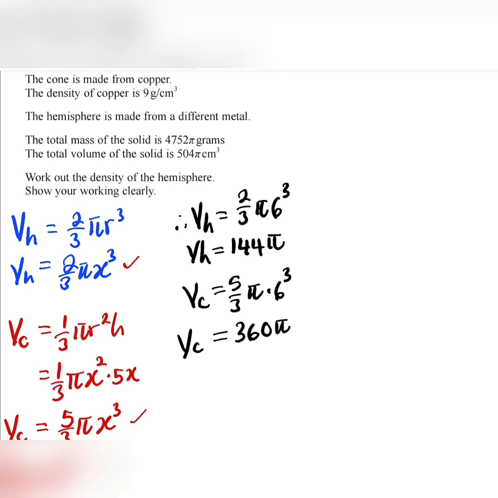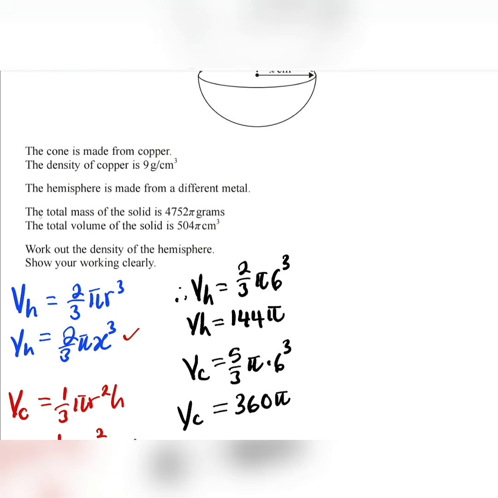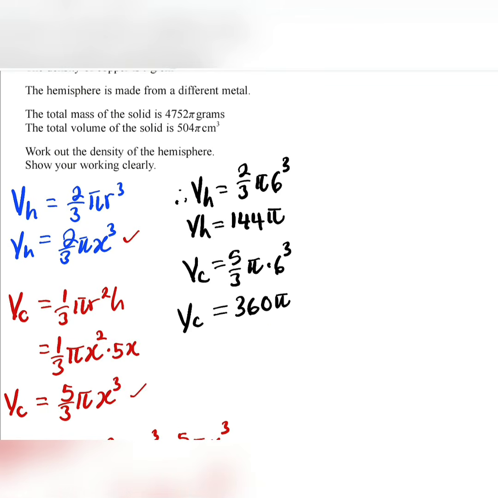All right, because we have the total mass here, let's find the mass of the cone and subtract it from this. What is left will be the mass of the hemisphere, right? So let's find the mass of the cone. Mass, let me use bracket cone, is equal to density multiplied by the volume.